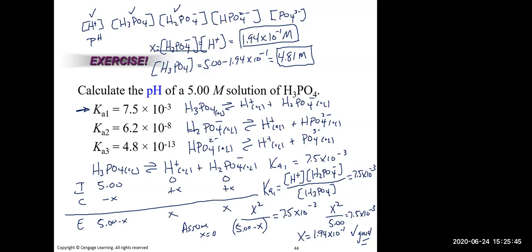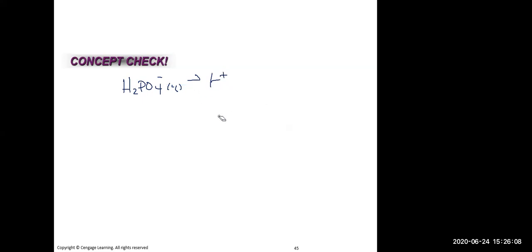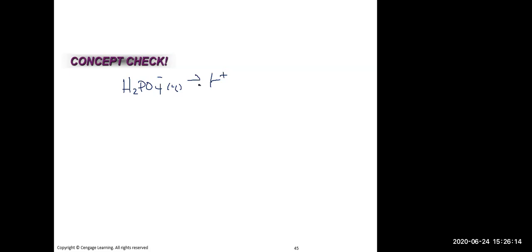We're going to now look at the second dissociation. That is our H2PO4 minus breaking apart into H plus and HPO4 2 minus.